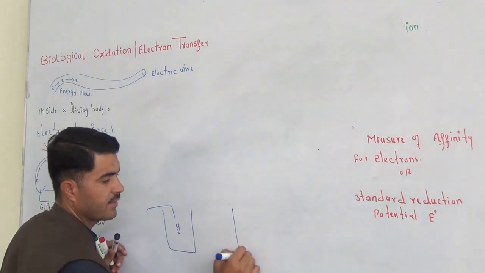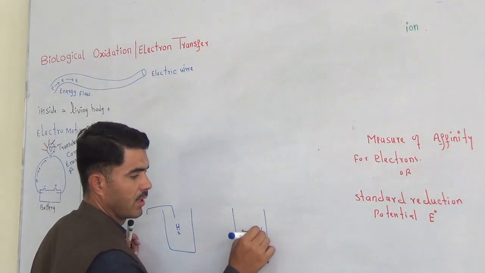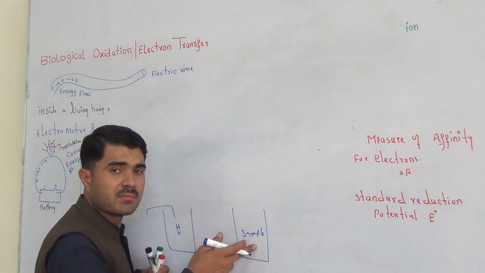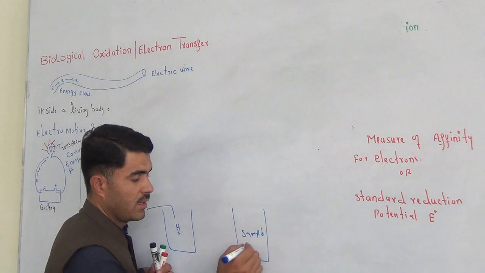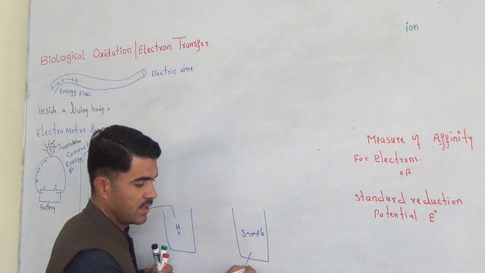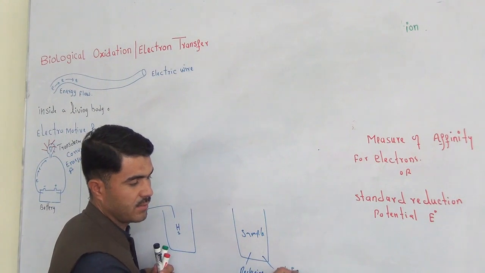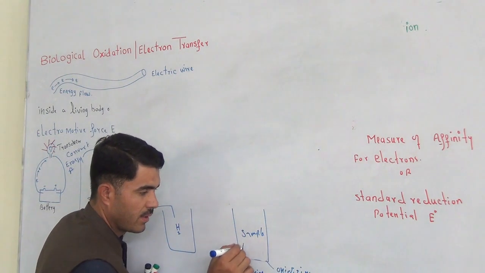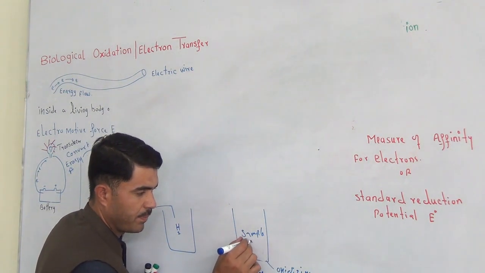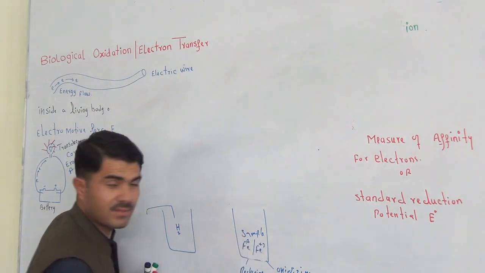And there is another half cell. Here is our sample, which can be any atom, right? But remember, any cell must contain its reducing species and oxidizing species. That must be present here. Suppose if there is Fe2+, then there must be Fe3+, right?